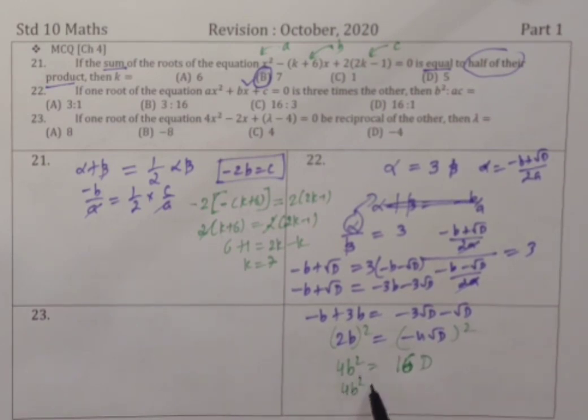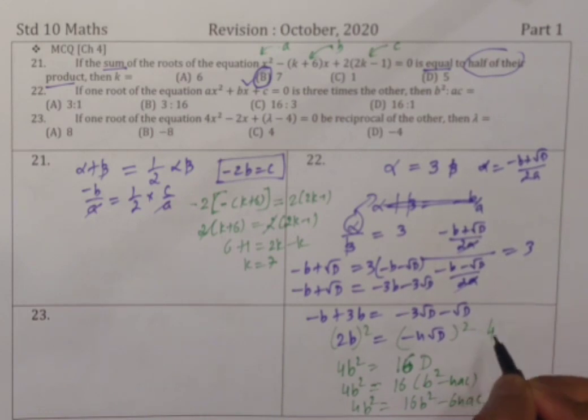So 4b square is equal to 16 into d, where d is b square minus 4ac, remember this. So 4b square is equal to 16b square minus 64ac. Take minus 64ac to the left. So plus 64ac is equal to 16b square minus 4b square. That gives me 64ac is equal to 12b square.